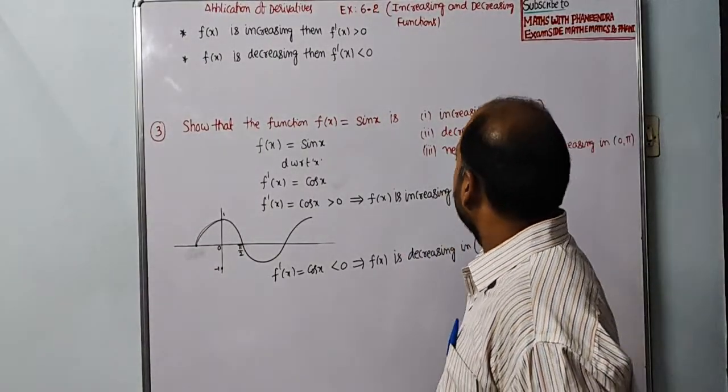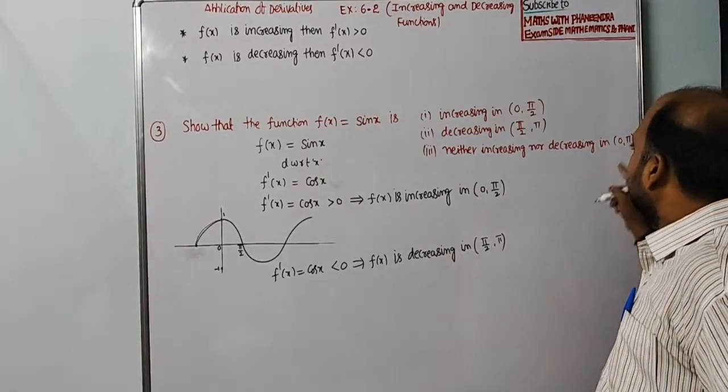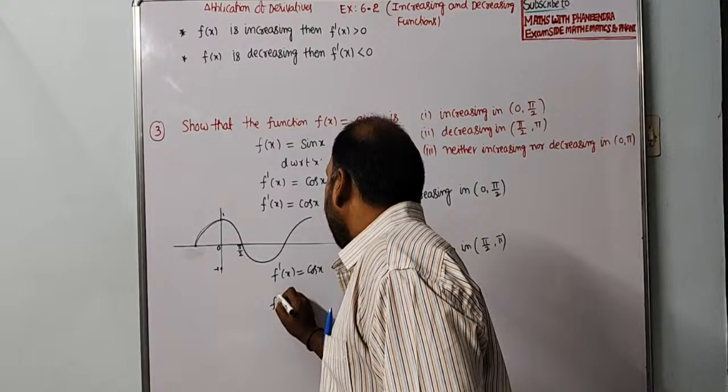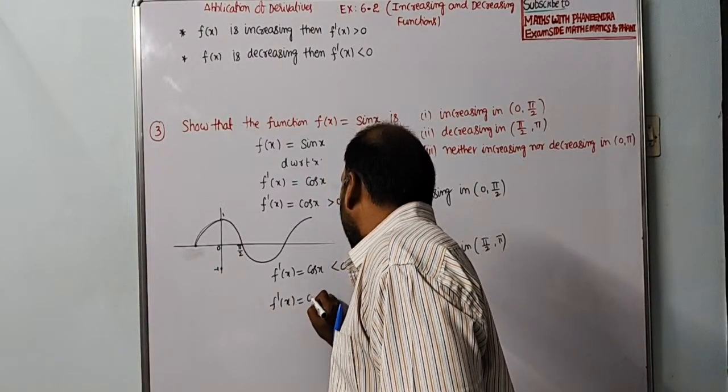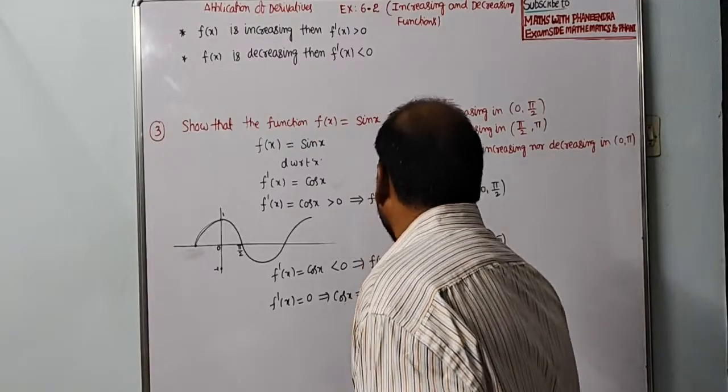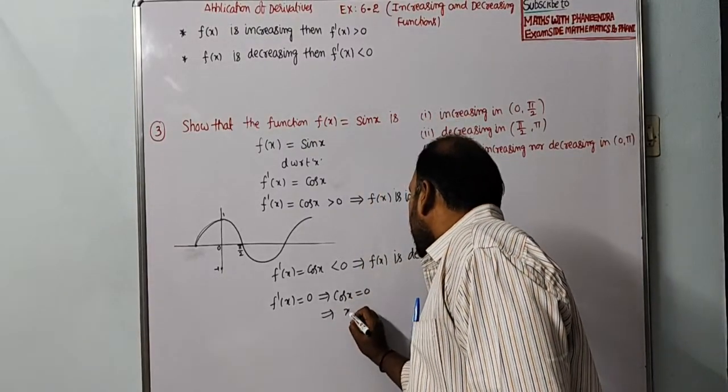They are asking to prove it is neither increasing nor decreasing. Between 0 and pi, take any value where f dash of x is equal to 0. That implies cos x is equal to 0, so x is equal to pi by 2.